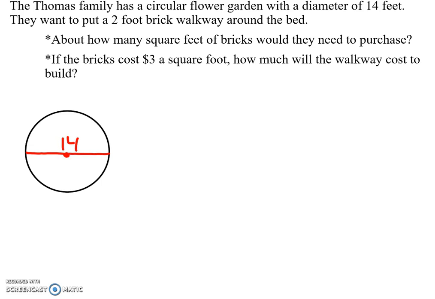Now the thing I have to pay attention to is they want to put a 2-foot brick walkway around the entire bed. So that means I need to create a larger circle that goes around this entire bed. Now you can see I'm off a little bit, so let me move it up a little. That's pretty good.